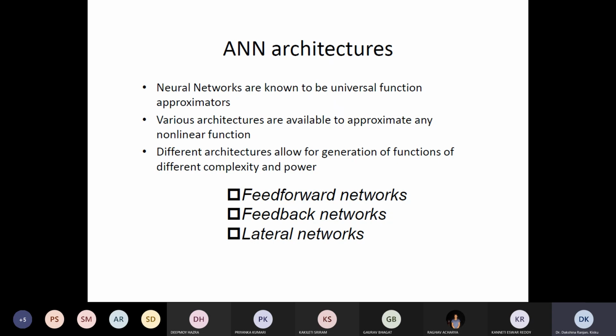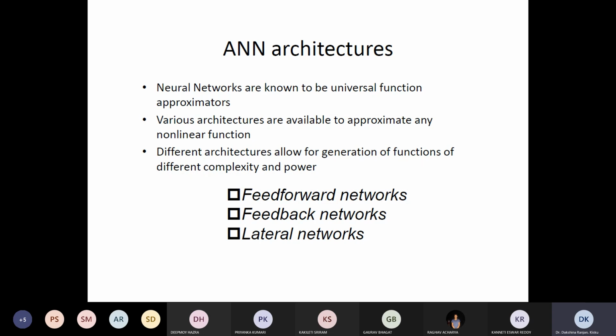Considering this universal function approximation capacity, we can design different architectures. These architectures allow for the generation of functions of different complexity and power.